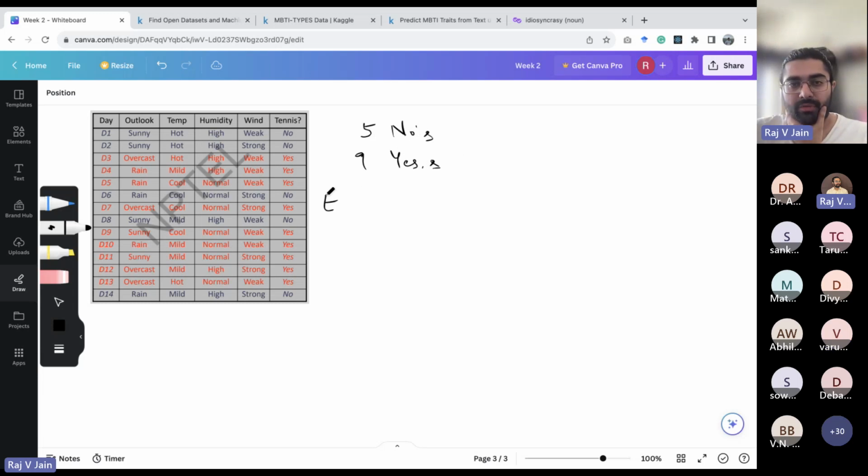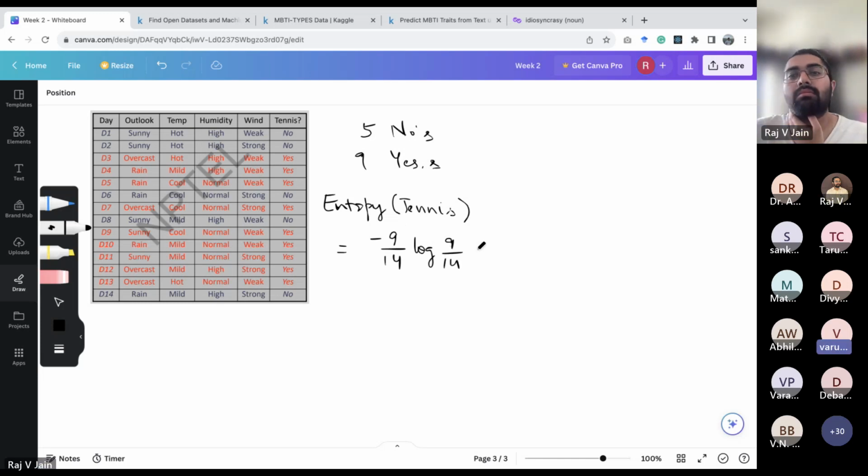So then what is the entropy of the tennis variable? It's minus 9 by 14 log of 9 by 14, then minus 5 by 14 log of 5 by 14.